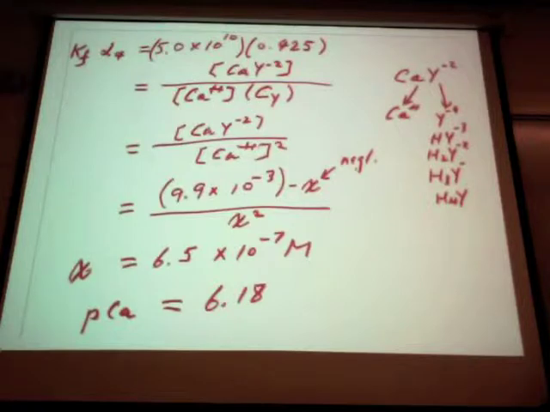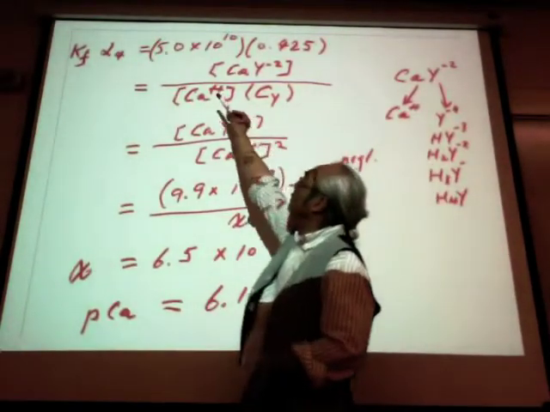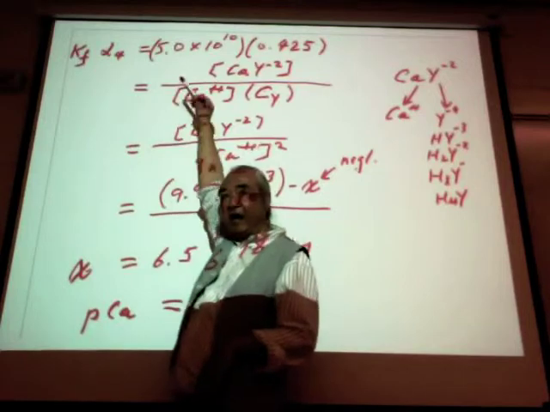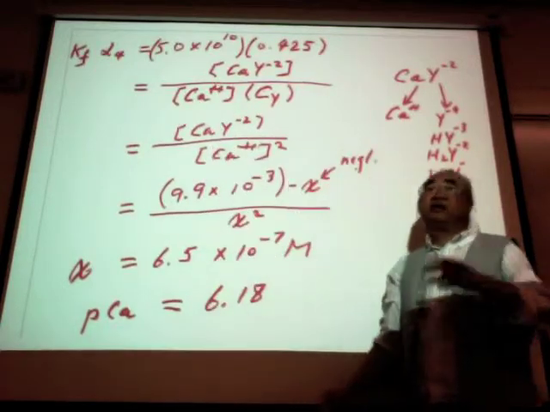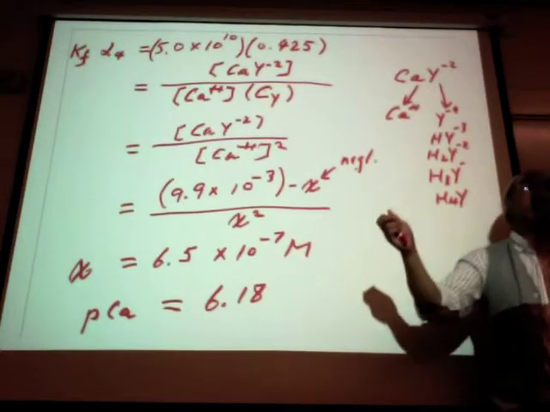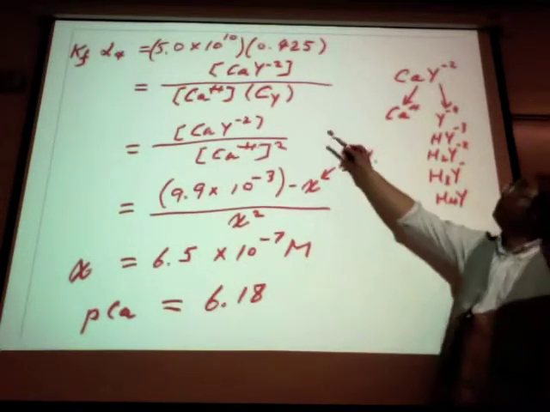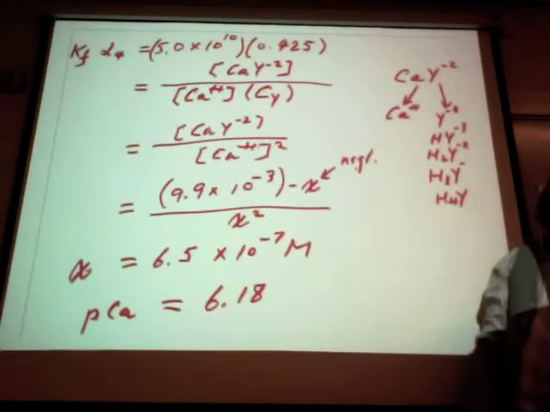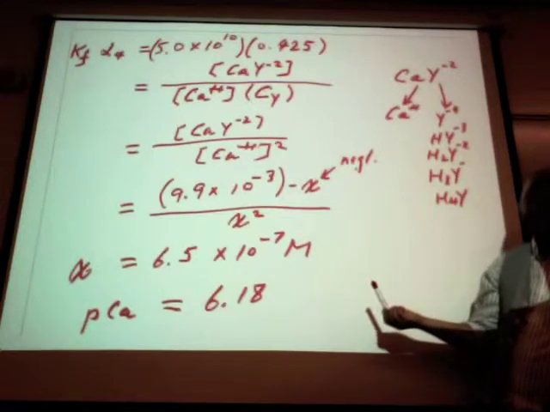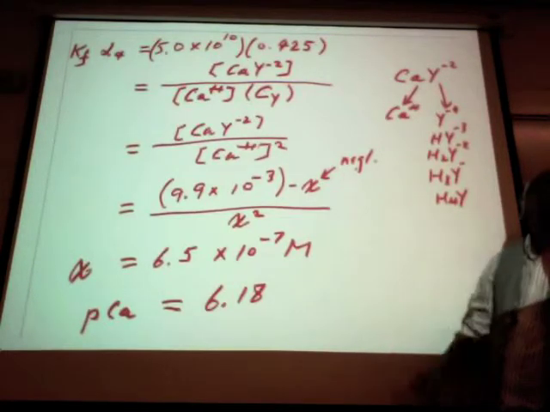What did you do to determine whether the X is negligible before calculating for it? Initially, you look at the Kf, because the Kf is so large. Just like your Ka value, which is the reverse, is small, you take the square root. And here, you may do the same thing. Because of the reverse, you can look at it as about 10 to the minus 10.